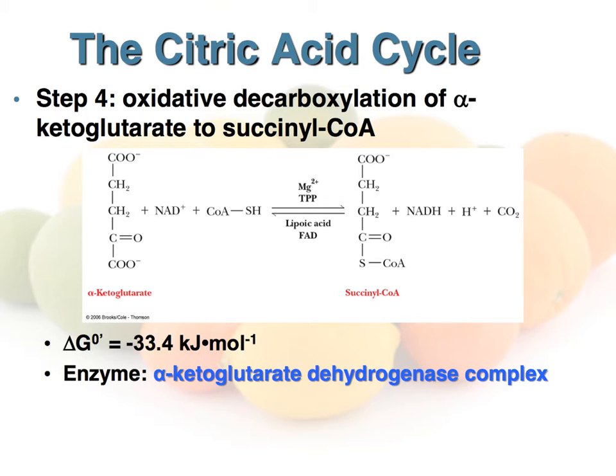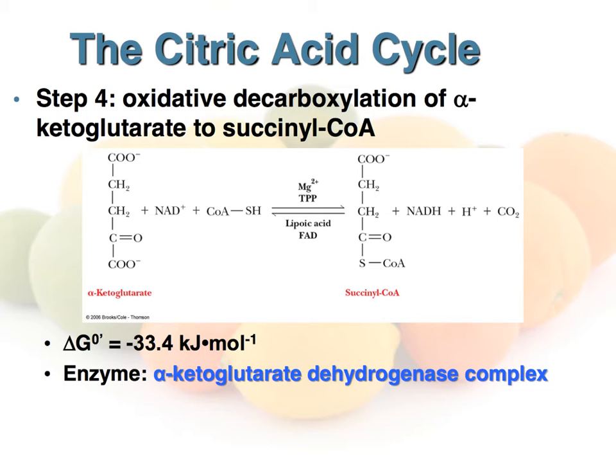Are there any questions so far? Anything? Okay, remember, we've actually gone over the checkpoints already. Step 0, the pyruvate dehydrogenase complex, is kind of like a gateway. Then we had steps 1, 3, and 4: citrate synthase, isocitrate dehydrogenase, and the alpha-ketoglutarate dehydrogenase complex.